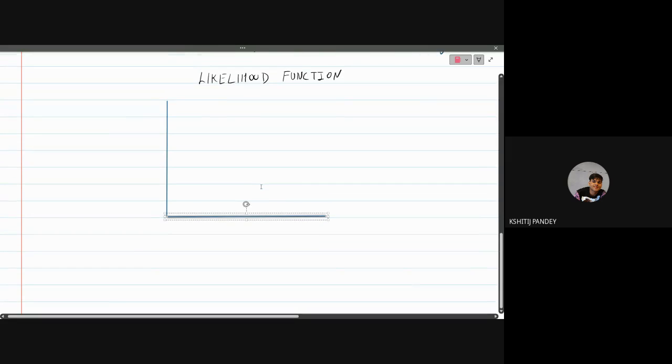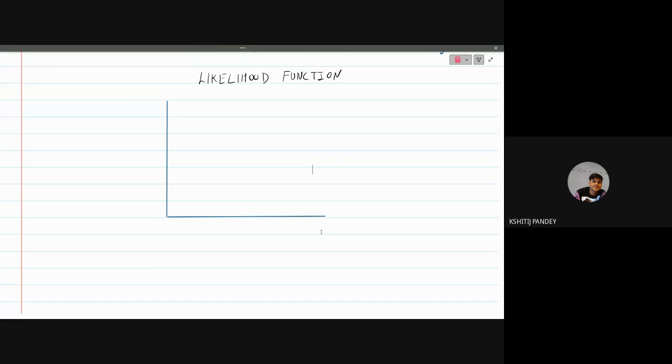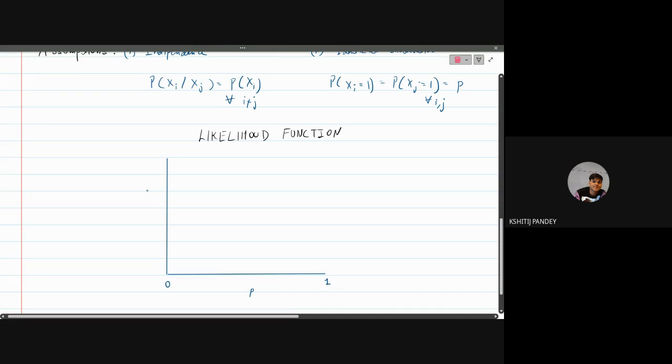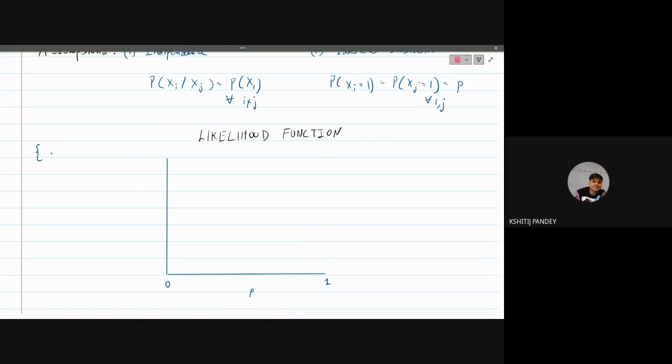Okay, so on the x-axis we'll have different values of p. So p is from 0 to 1. And on the y-axis we have what? Let's say for now our observation only has four values: first is 1, second is 0, third is 1, and fourth is 1.